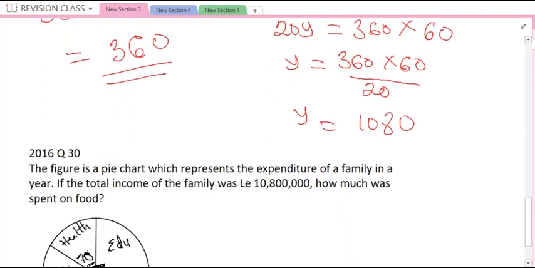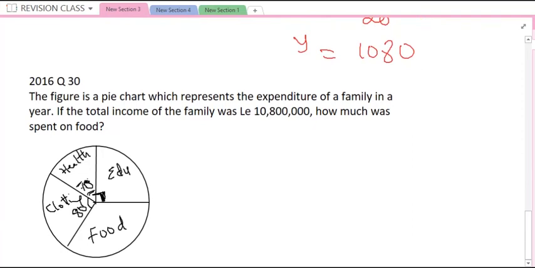Let's move ahead. There is another question extracted from 2016 question 30, and look at the way the question goes. The figure is a pie chart which represents the expenditure of a family in a year.